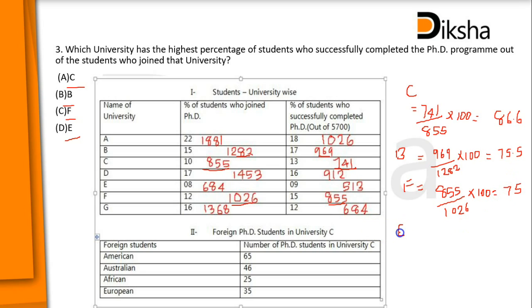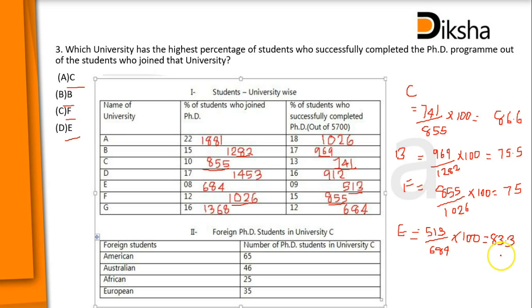Last is E. For E, the total students is 684 and the PhD passed is 513. So the percentage of students who passed with PhD is 513 by 684 into 100, which gives you 83.3.